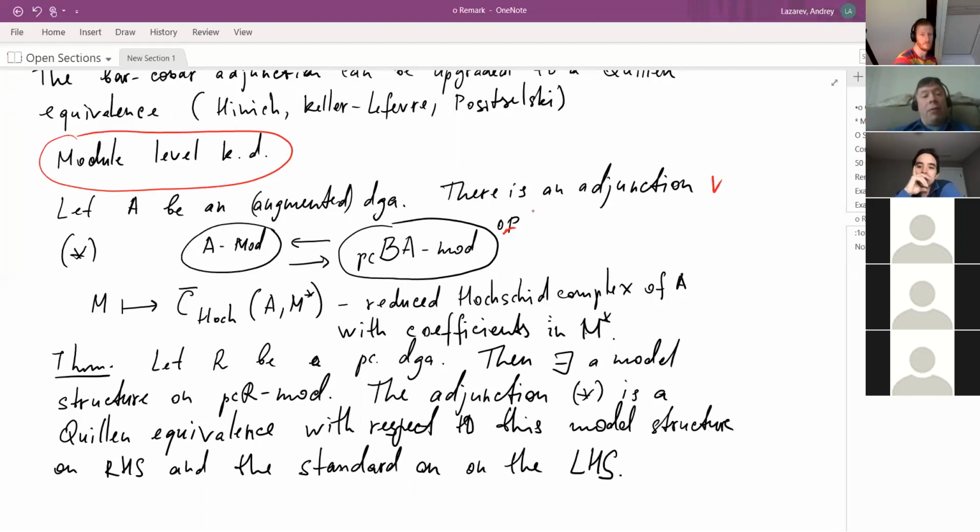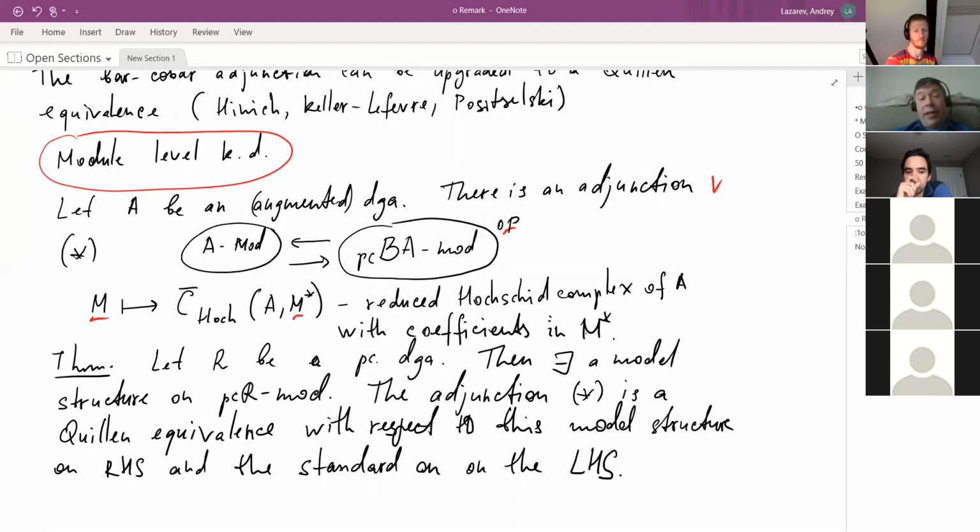Okay, so I don't have much time to describe that in detail, but one functor here can be described very easily using classical notions. So given M, an A module, we dualize it, and view it as an A bimodule.